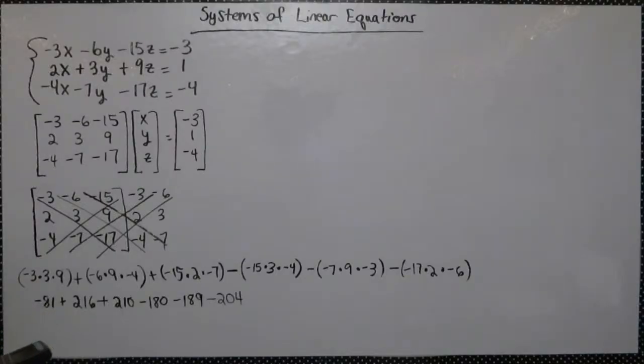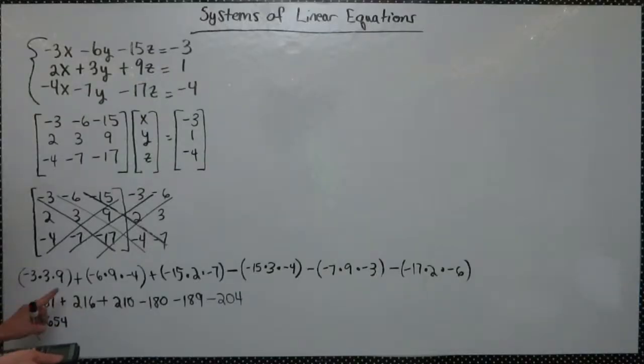So what I like to do when I have a string of these right here is I like to add all of the like signs first, because it just makes it easier. So I'm going to say 81 plus 180 plus 189 plus 204, and I've got 654, and that I know that it's negative.